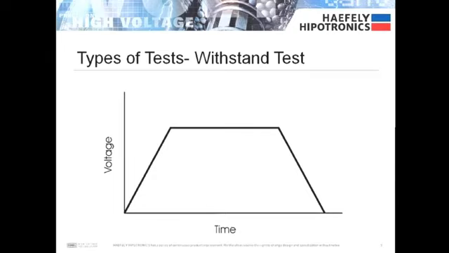If that insulation doesn't fail, then your test will pass. After that, you lower your voltage back down to zero. If the test object fails during that dwell step, then the test fails. And as I mentioned before, if it does not fail, then the test object passes, and you're all set with your test.